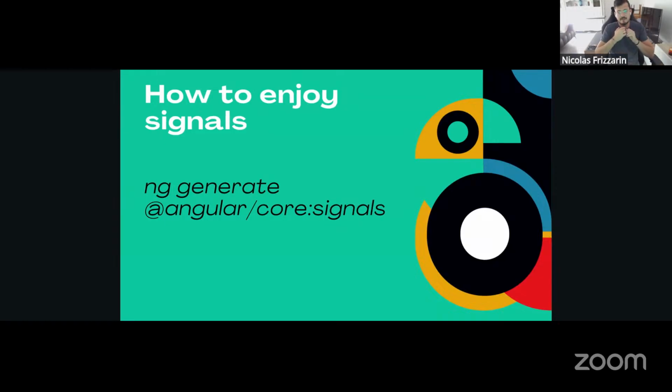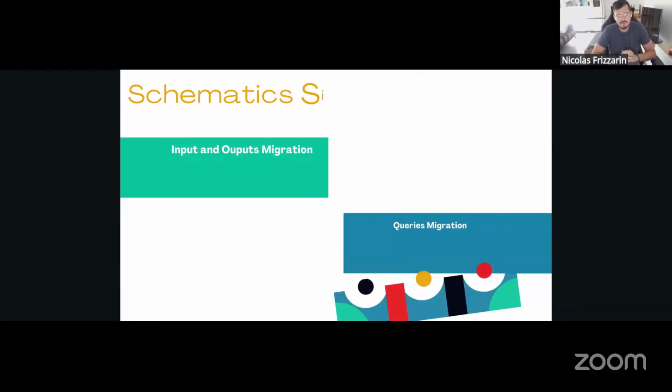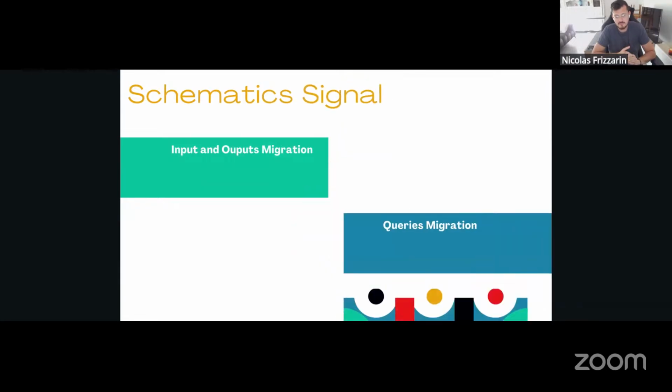So the question is how to easily migrate your components to signal-based components. And that's very cool because Angular already has a schematic for you. This schematic is just ng generate @angular/core:signals. The schematic will not create signal variables for you, of course, but it will first migrate all your @Input and @Output annotations to the associated input and output signal functions.